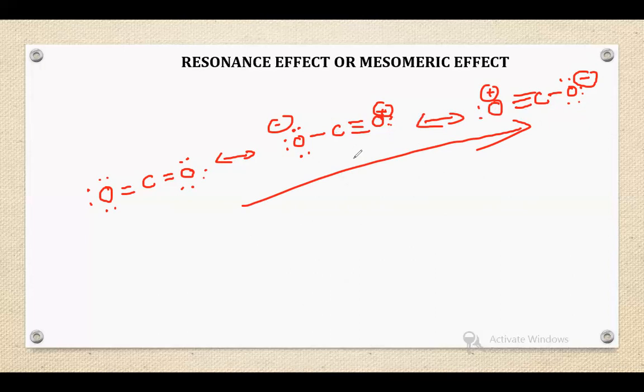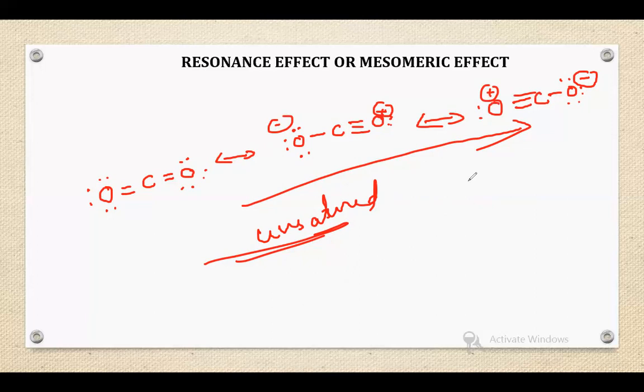The electrons shift in double or triple bonded compounds, which are unsaturated compounds. So that was carbon monoxide and carbon dioxide, which we already studied. Similarly, we can write benzene.